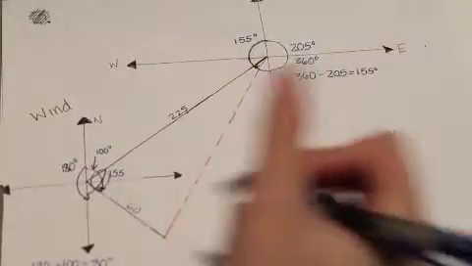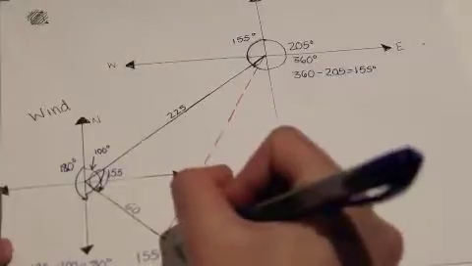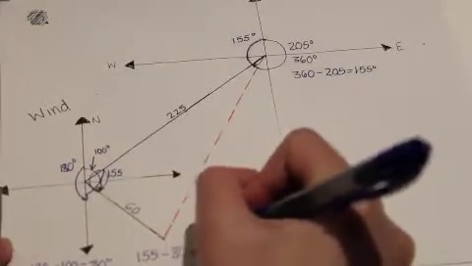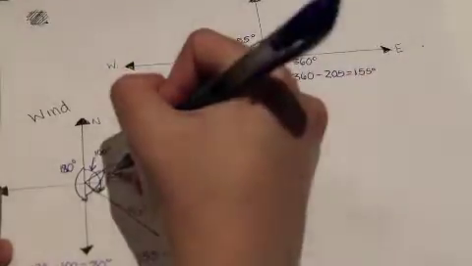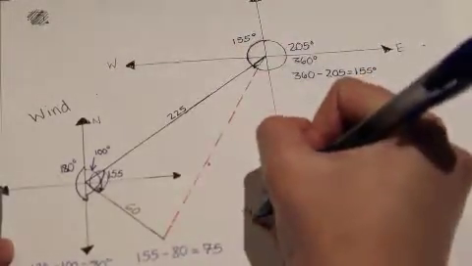So, if we subtract 80 from 155, we will get the middle angle, which is the interior angle of the triangle. So, if we subtract 80 from 155, we get 75 degrees, meaning that the inside angle of the triangle is 75 degrees.